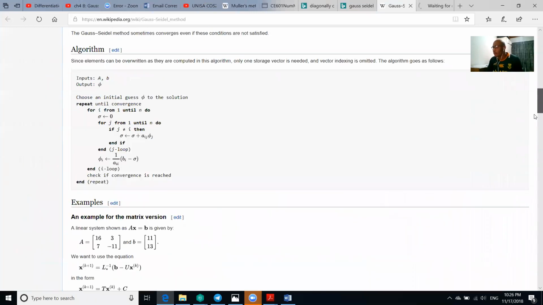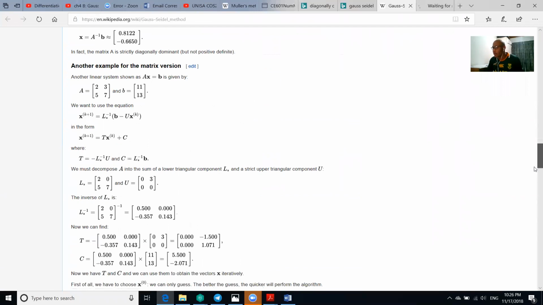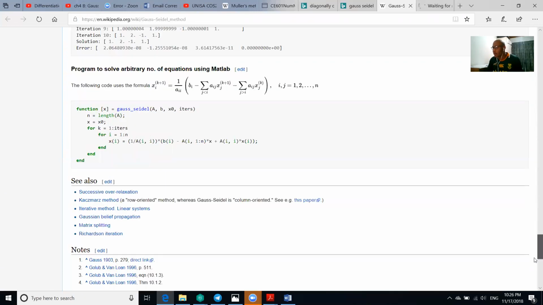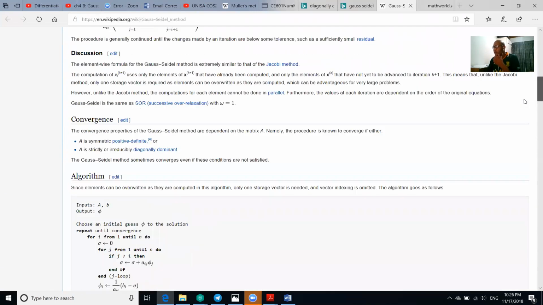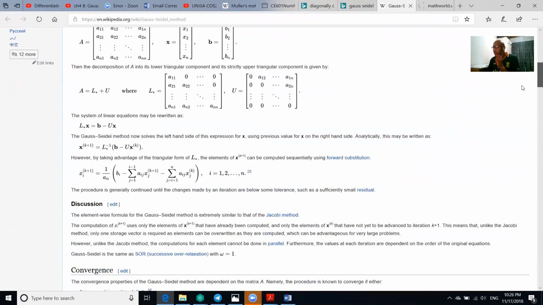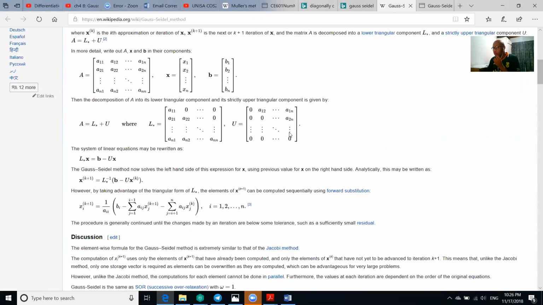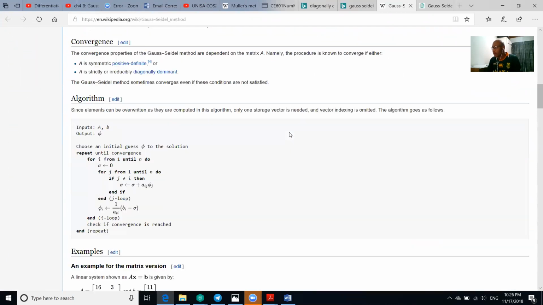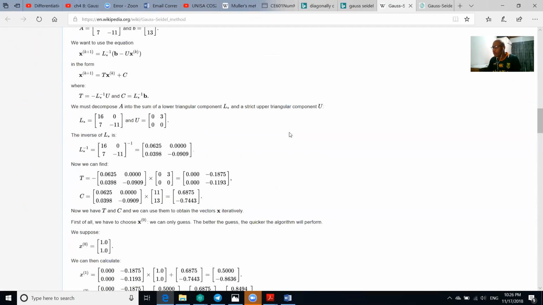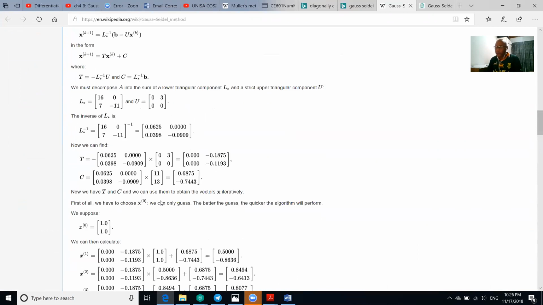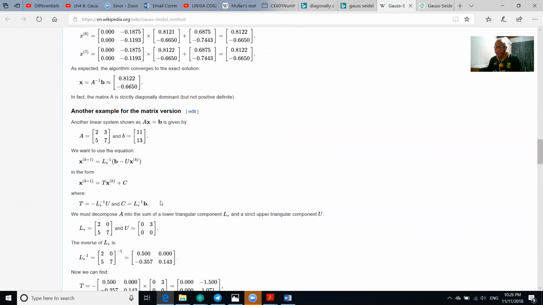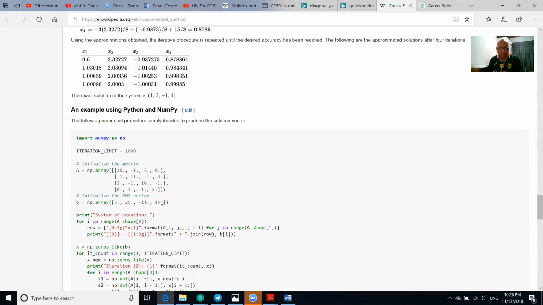They give you this. Trying to find the one that allows us to copy and paste, because I'm not in the mood of typing everything out.